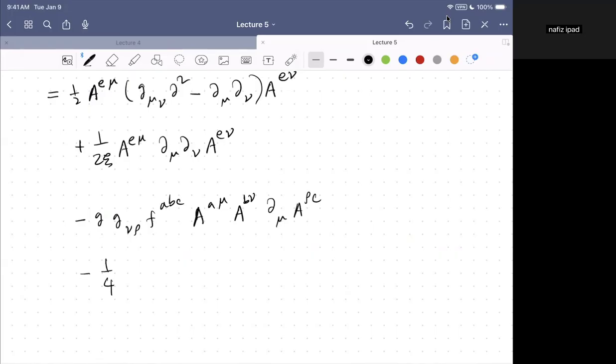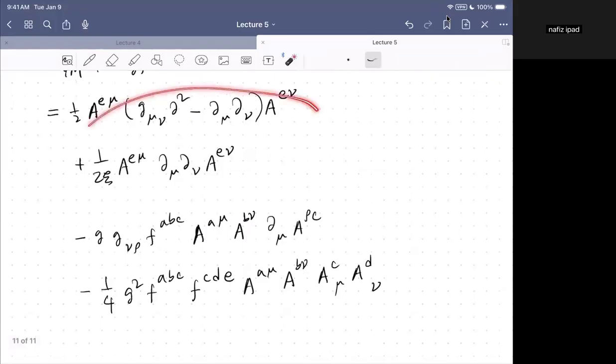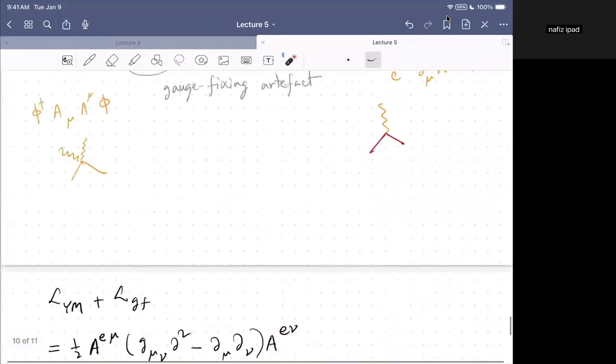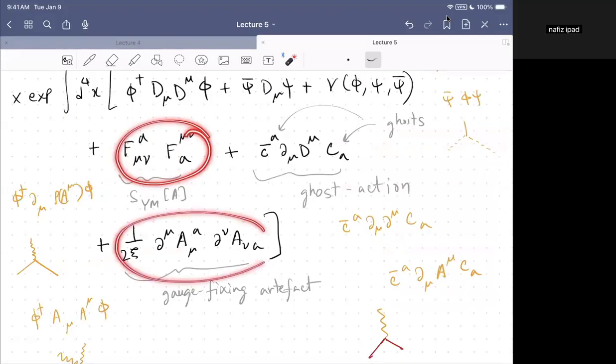As you can see, it gets pretty long. And I'm no longer keeping track of upper and lower indices or Lie algebra indices. Okay, this is the full expression. This is what you get by expanding all the covariant derivatives in here and in here.